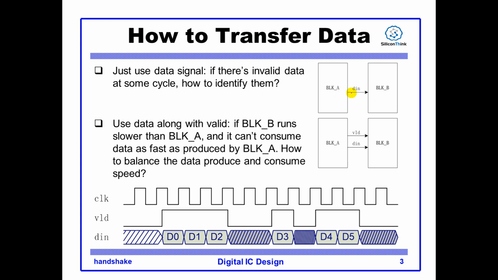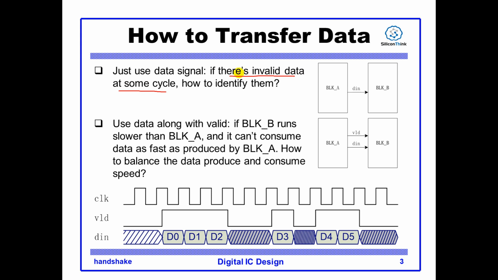You must have the data signal pass from block A to block B. But this is usually not enough because there is invalid data in some cycles. That is, usually we don't transfer data cycle by cycle, and there are some idle cycles. That is, there is no data transfer between block A and block B in some cycles.